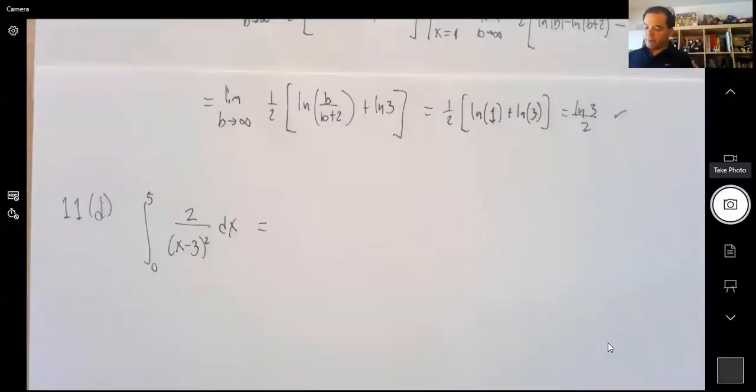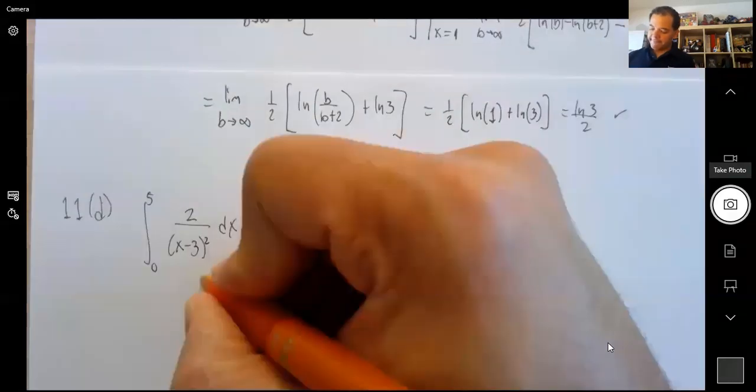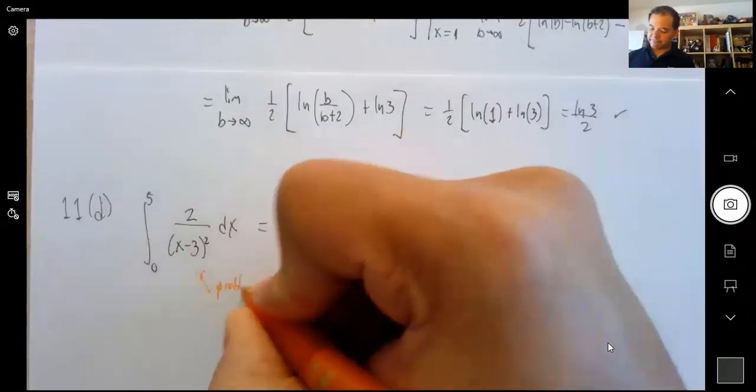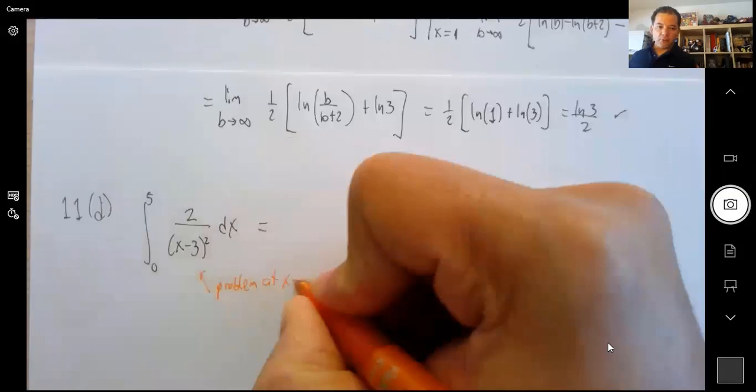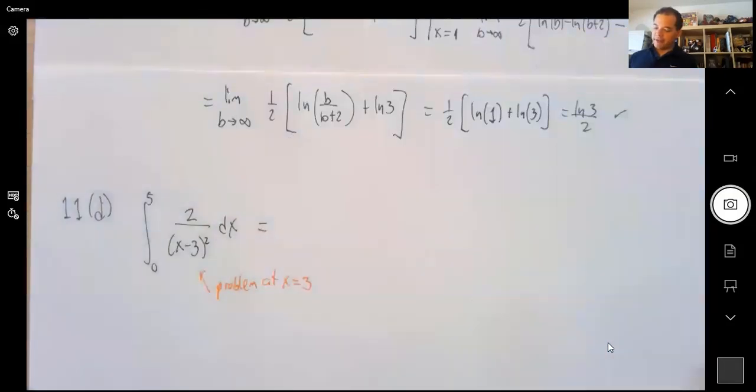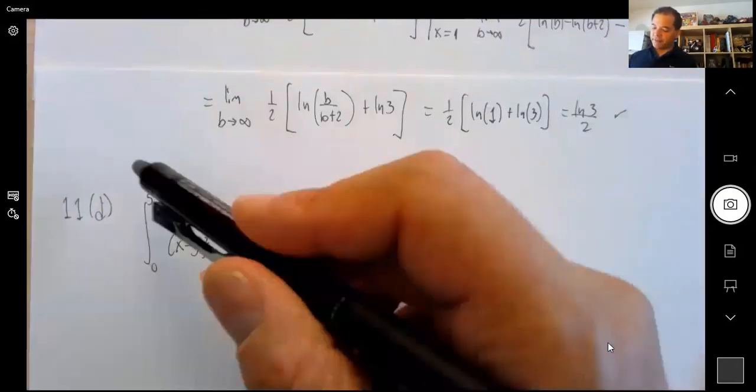Okay, because the problem is at 3, right? We said that problem at 3. What we're supposed to do is we should split this integral from 0 to 3 and then from 3 to 5.